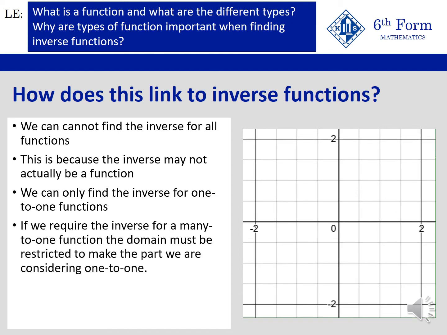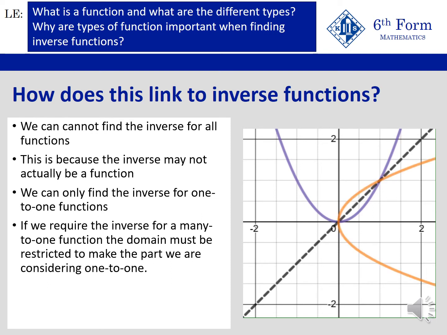So to consider this point, we're going to think about the curve of y equals x squared. If we think graphically, the inverse function would be a mirror image in the line y equals x. So if we mirror the curve y equals x squared, we would actually come out with an unusual looking curve like this.